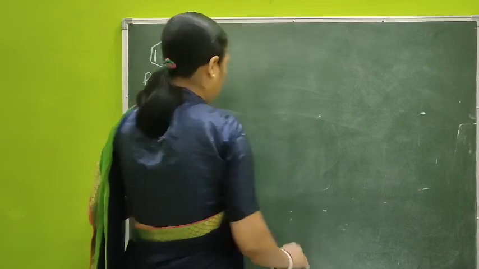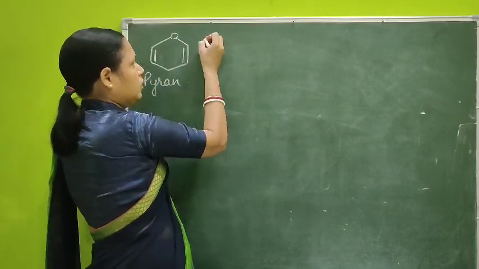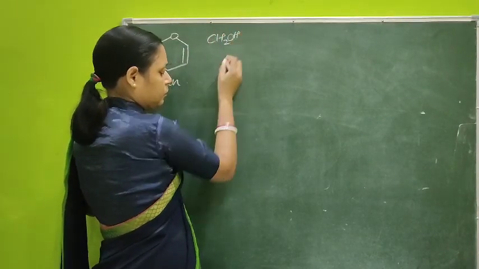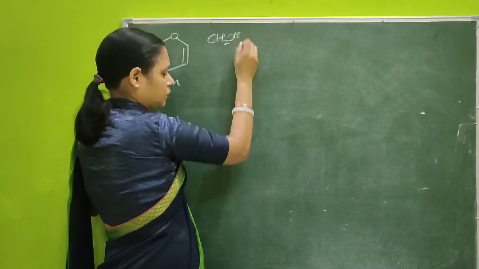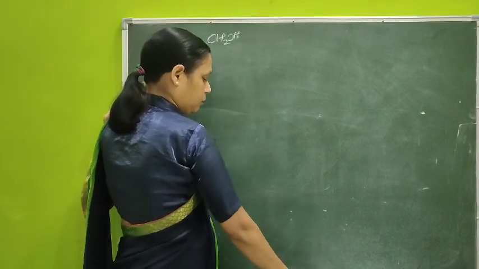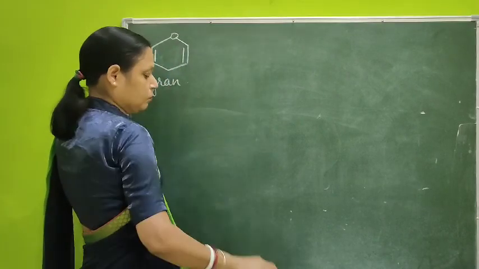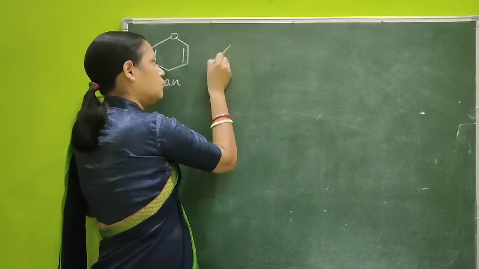Before this, we'll draw the alpha structure and beta structure of glucose. CH2OH. I will draw this ring in this way.